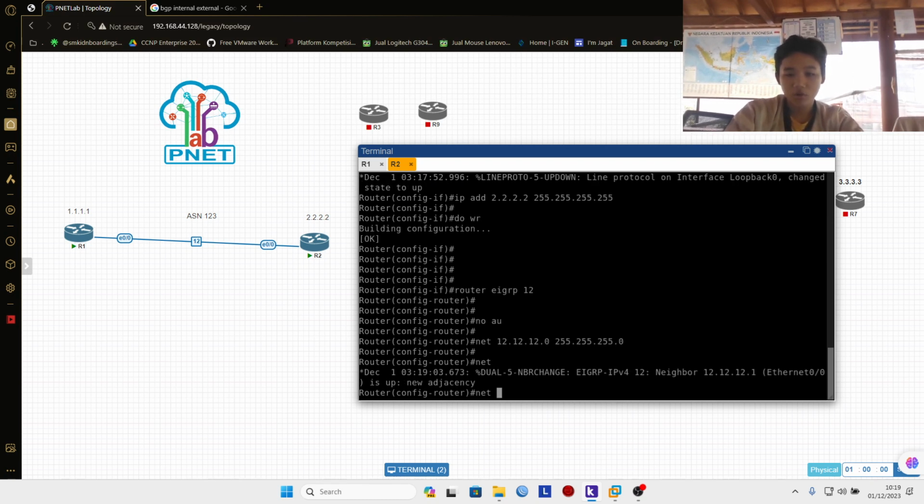Nice, adjacency. Boom. EIGRP converges very fast, because of that I like EIGRP.